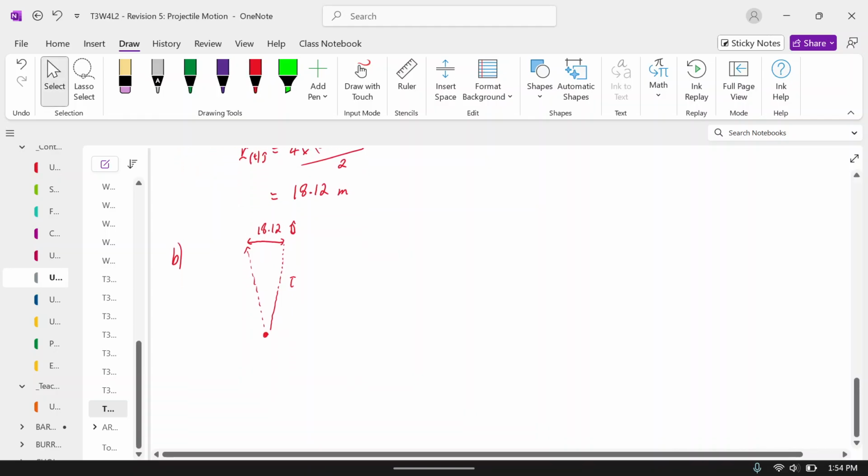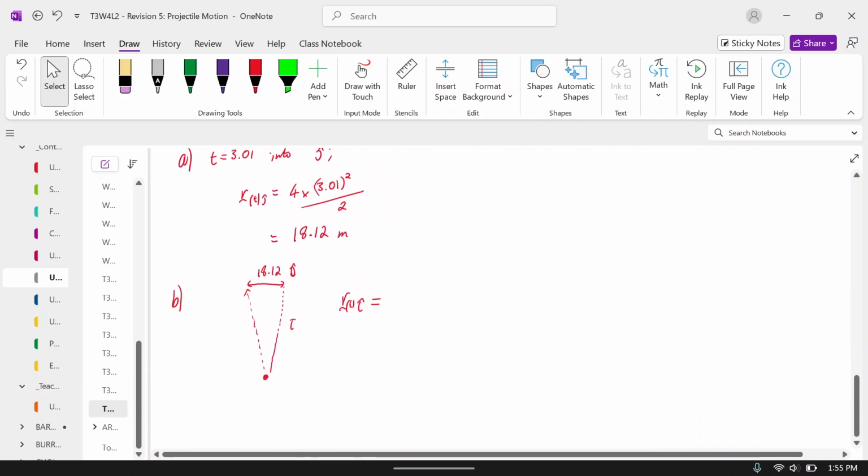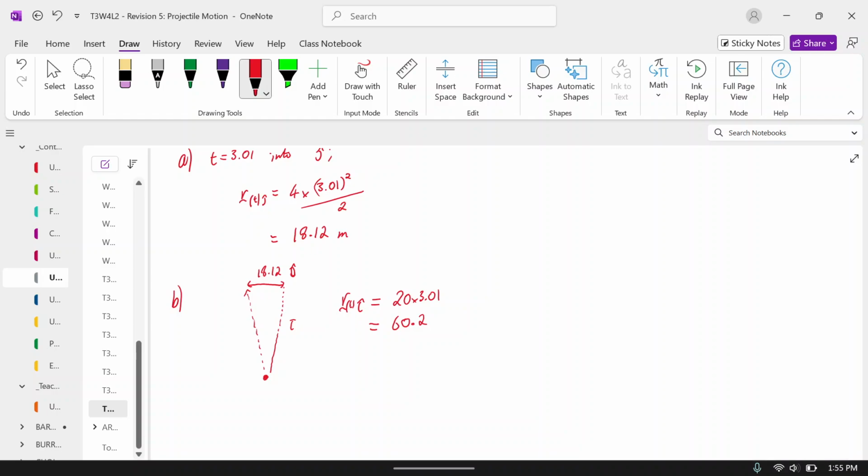So I need this I length here. To get the I component of my displacement, I sub in t of 3.01. So 20 times 3.01 gives a result of 60.2.